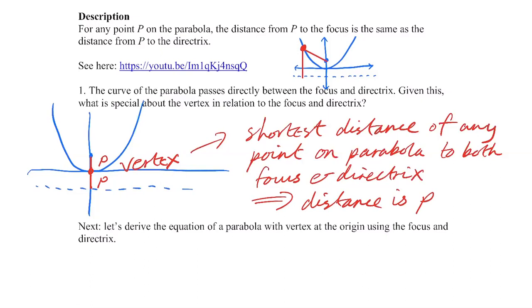Next, let's use this p-value and the rest of the propositions of our description to derive the equation of a parabola with the vertex at the origin. We're going to use the focus and the directrix to achieve this.